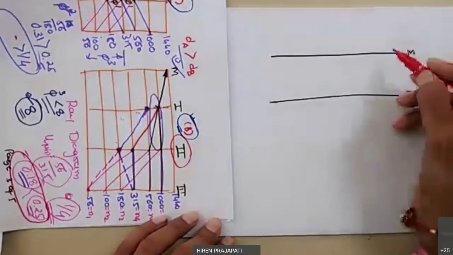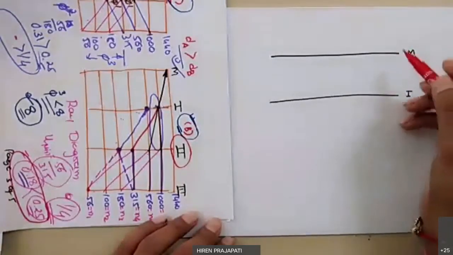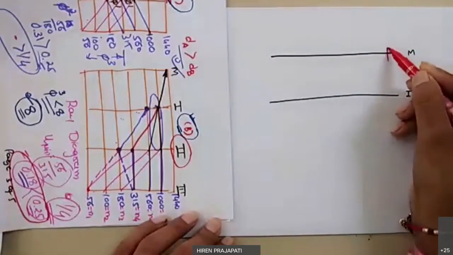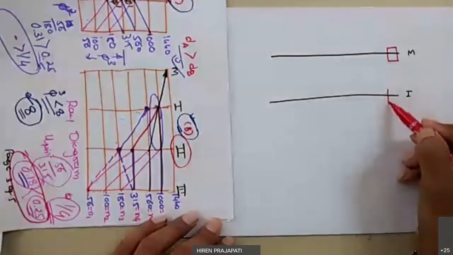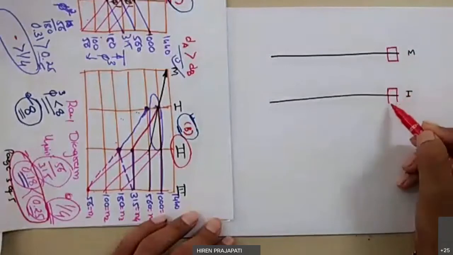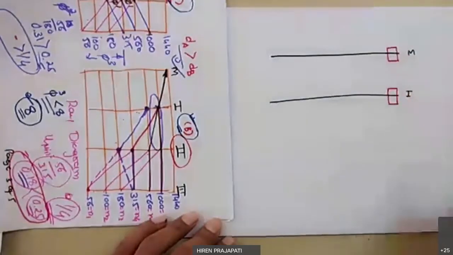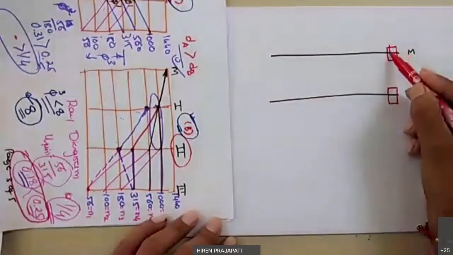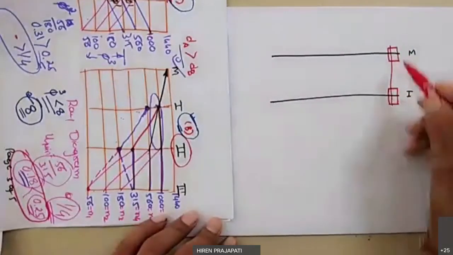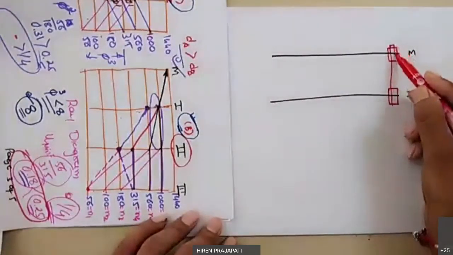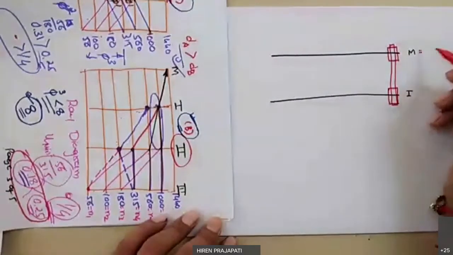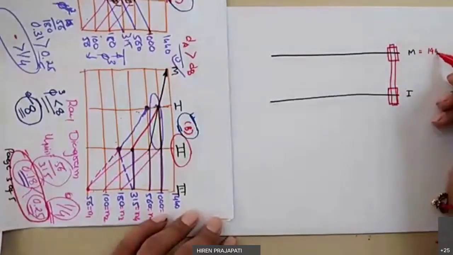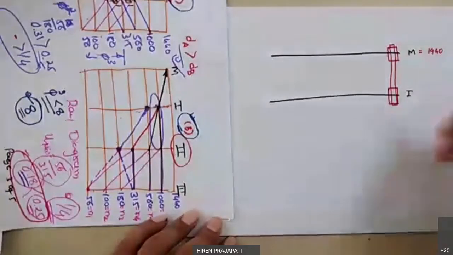So let me draw one belt drive here. These blocks are indicating pulleys, and then we consider one belt. The motor RPM is 1440, which is what is given.